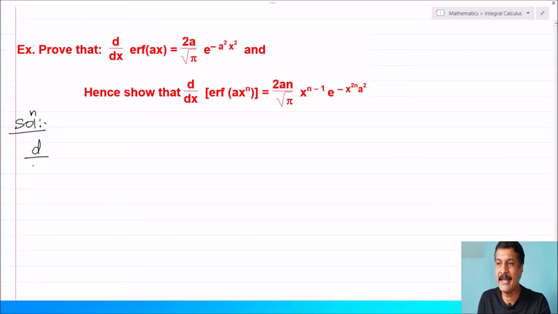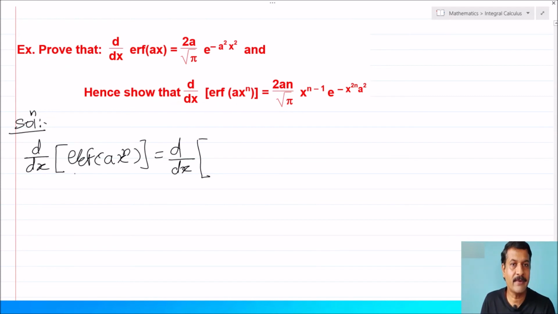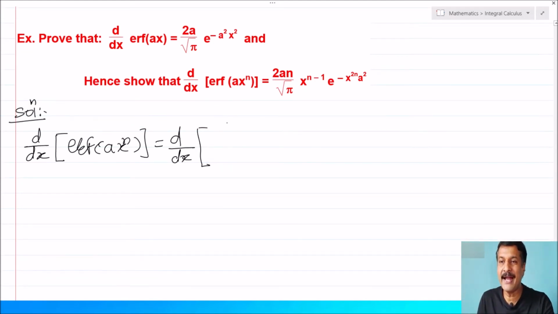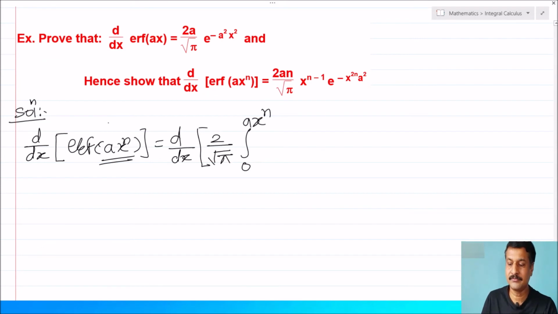So d by dx of error function of (ax) raised to n. By definition, it is d by dx into 2 by root pi into integration from 0 to (ax) raised to n of e raised to minus t square dt.